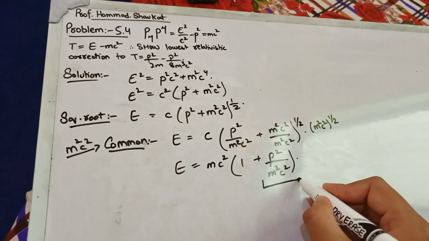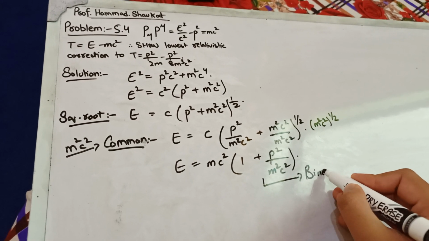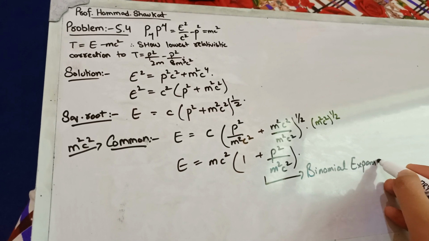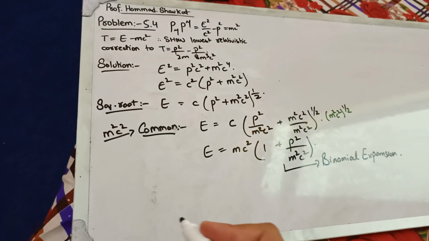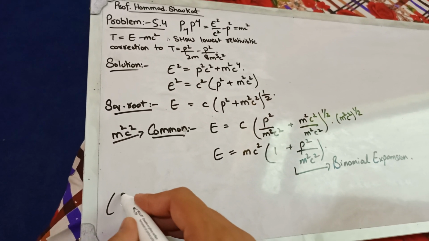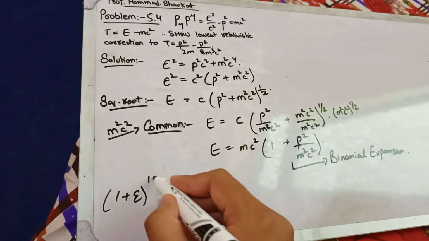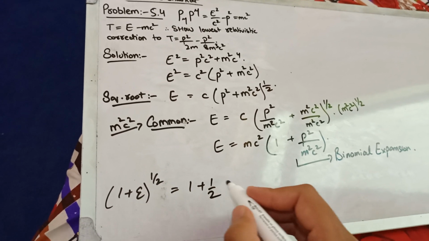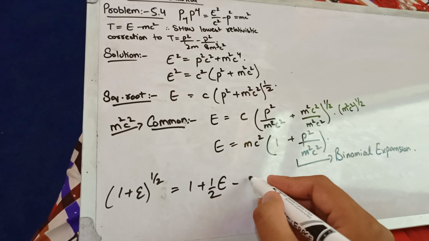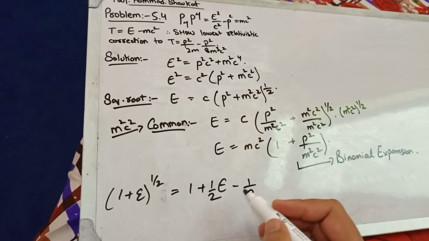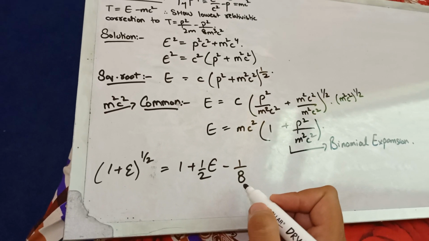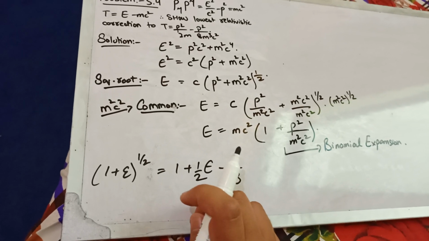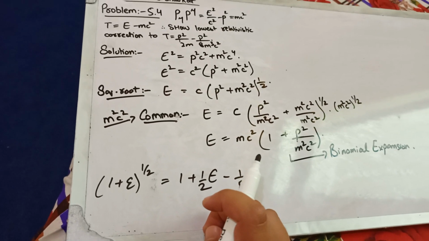Now you have to express this by binomial expansion. You know how to expand a binomial expression. Let's suppose (1 plus epsilon) to the power 1/2 can be expanded as 1 plus 1/2 epsilon minus 1/8 epsilon², because of the 2 factorial here.